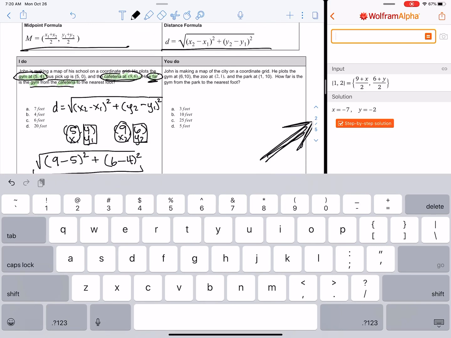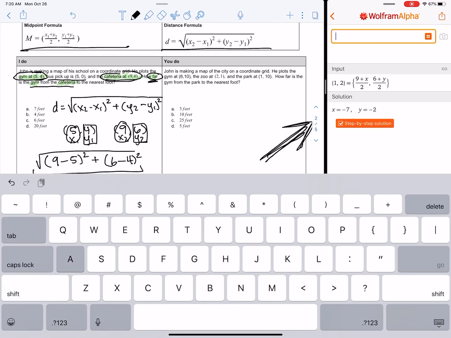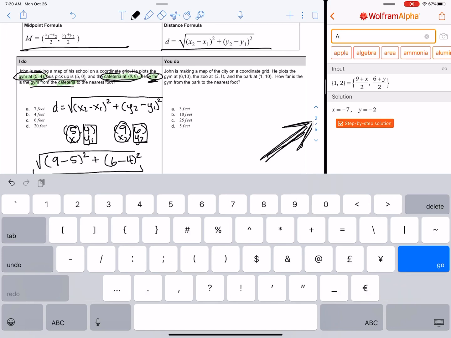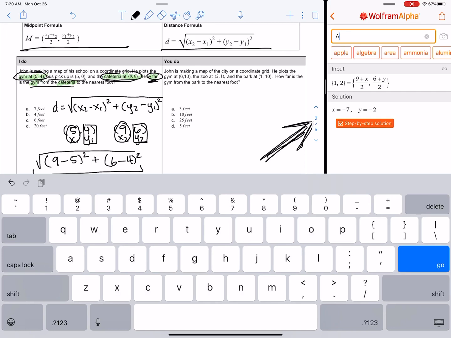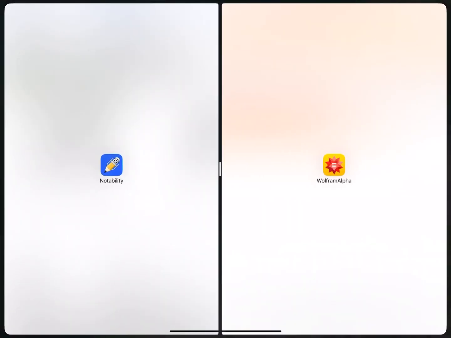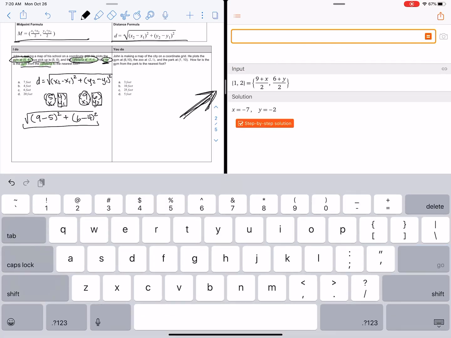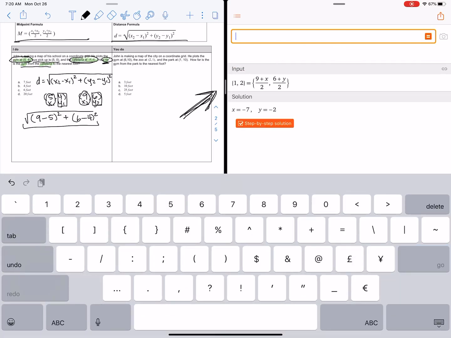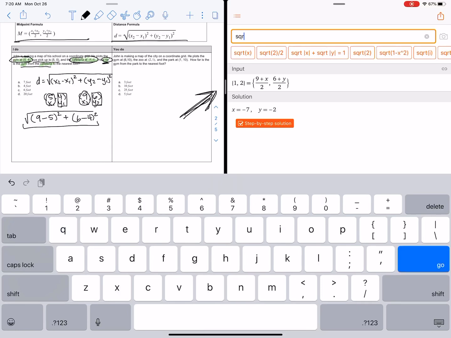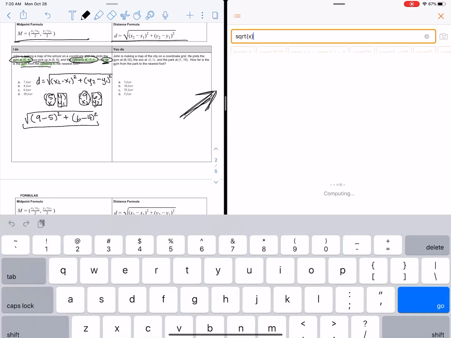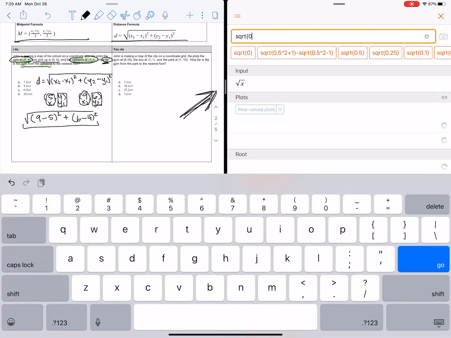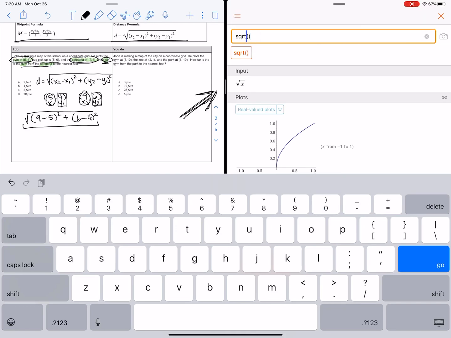So, square root symbol, where is it? Let's see. I know if we put square root, yeah, there we go. Square root. We're going to keep those big parentheses on the outside, and then we'll write in the inside.